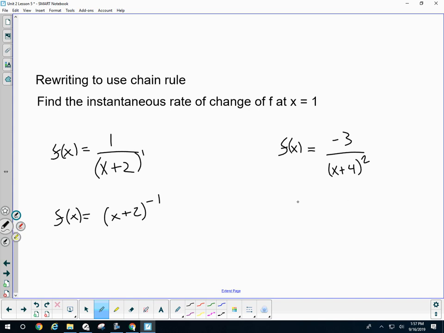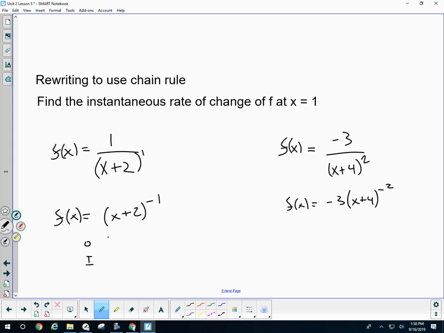Or, in this situation, I can rewrite this as negative 3 times x plus 4 to the negative second. Especially because inside of the parentheses is just x. I mean, it could be anything else, really. It doesn't matter. But watch, instead of using the quotient rule for both of these, and this would be like a quotient and a chain, I could just use the chain rule.